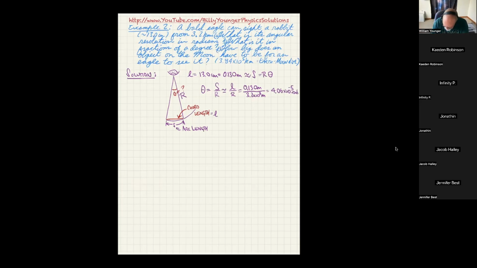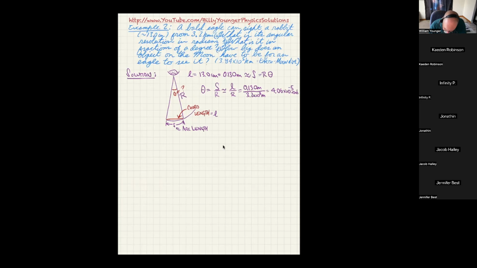Anybody have any questions on that? Now, this is not unlike a problem that your book did, and your book said the resolution was about 3 times 10 to the negative fourth radians for a particular bird's eye. My bird's eye is basically what I Googled to find for a bald eagle, so that's a pretty accurate measure, and in fact, it's probably pretty good.